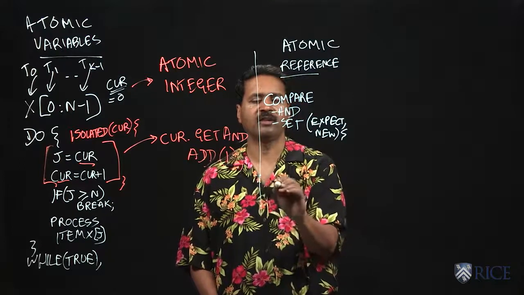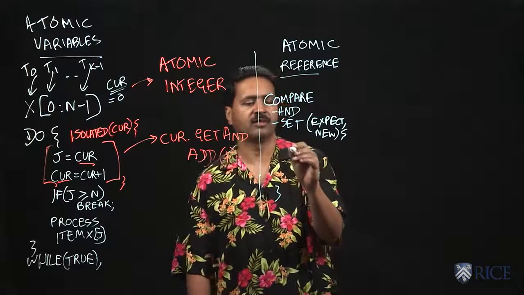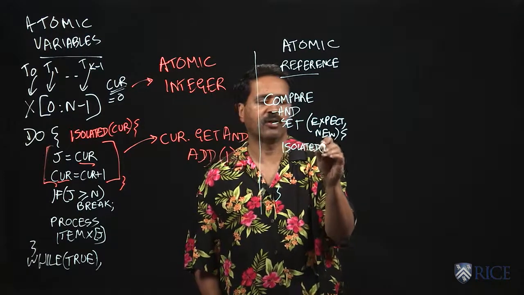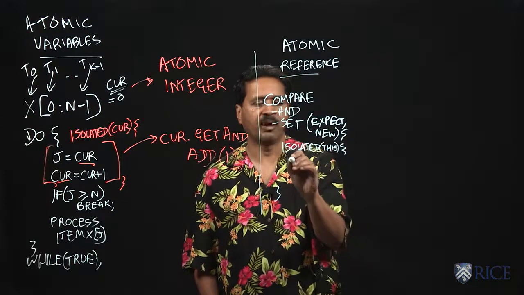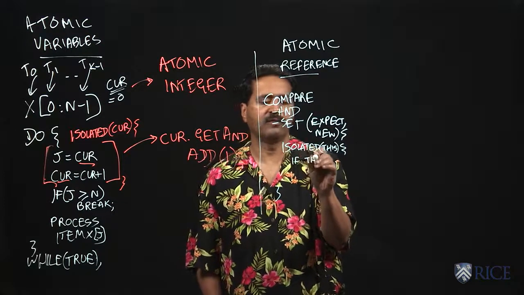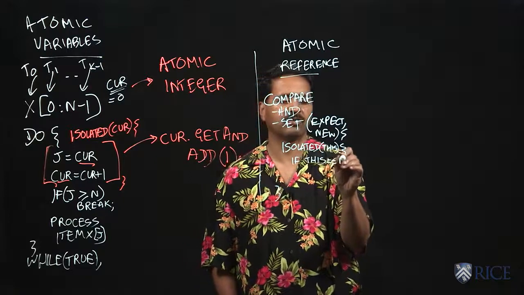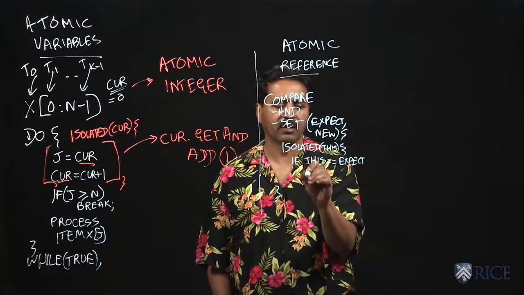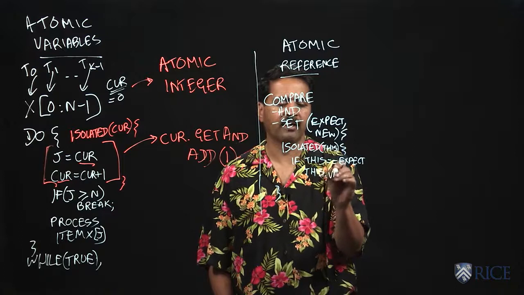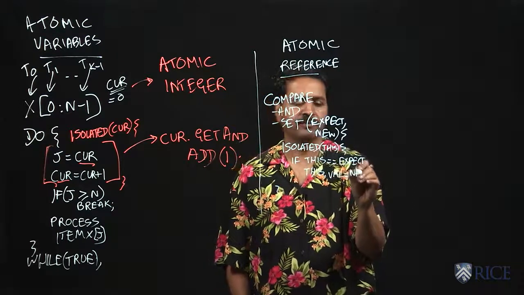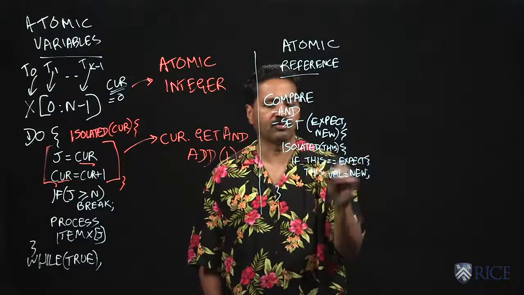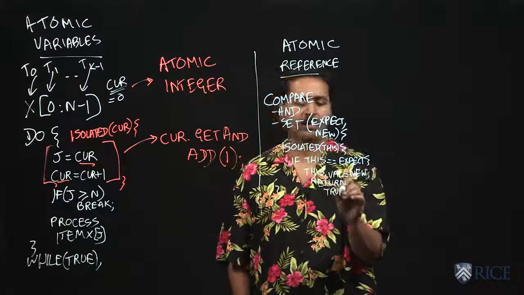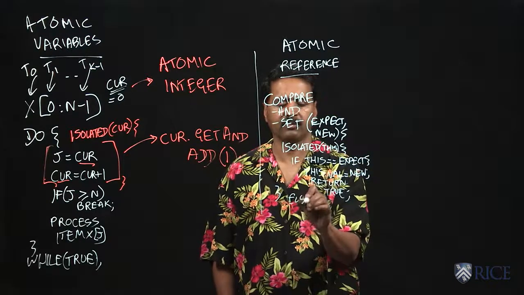And the logic of what's done inside compareAndSet is, again, isolated with this object, but it checks if the value of this matches expected, then it sets this dot val to the new value. It also returns true in that case. Else it'll return false.